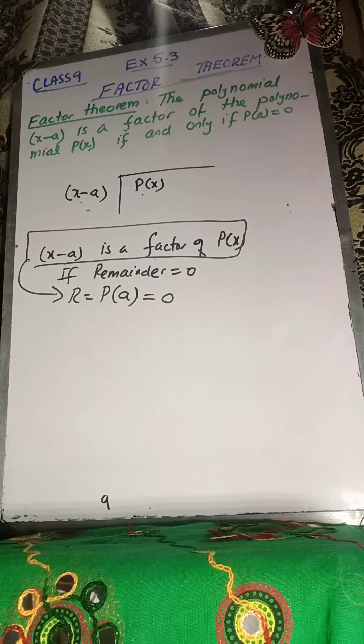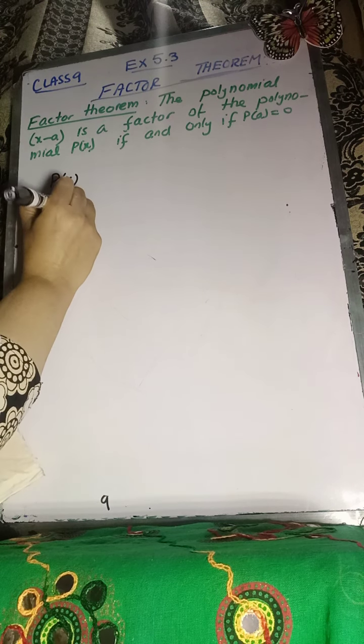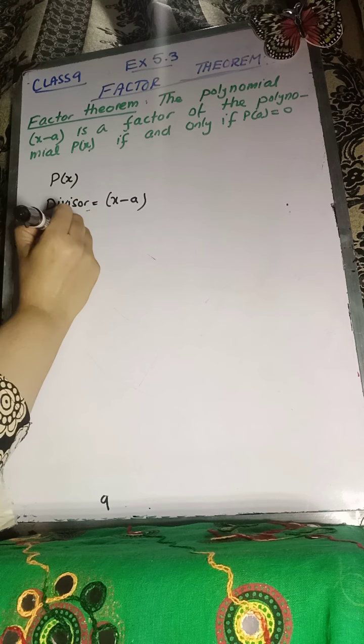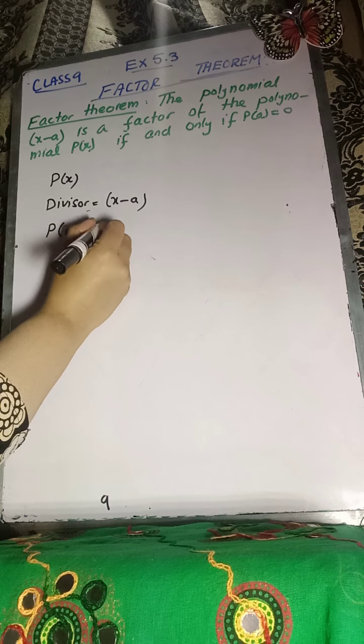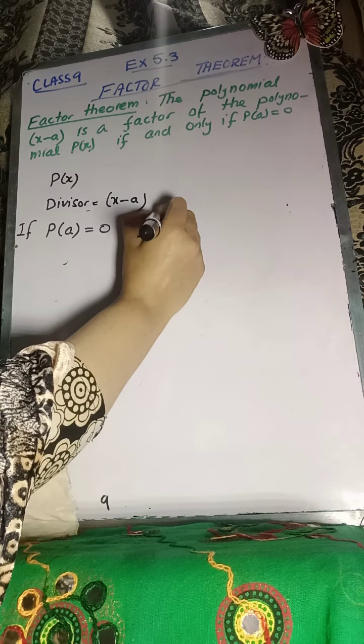So the key points are that if you have a polynomial, and you have a divisor which is a linear divisor, x minus a, and you have the remainder which is obtained by putting a in this polynomial, if p of a is equal to 0, then x minus a will be called a factor of p of x.